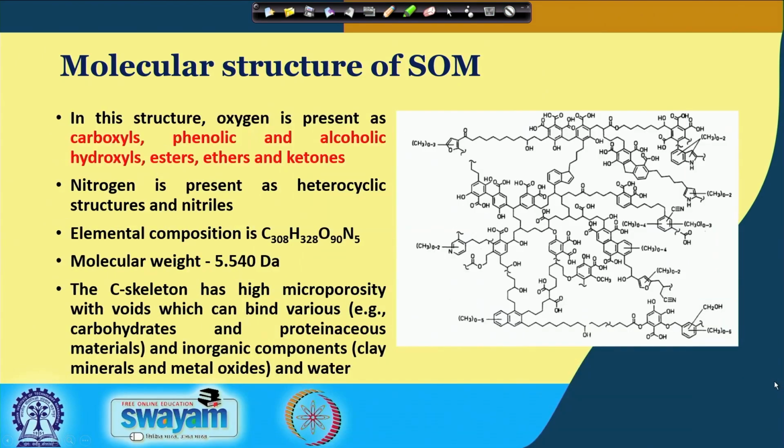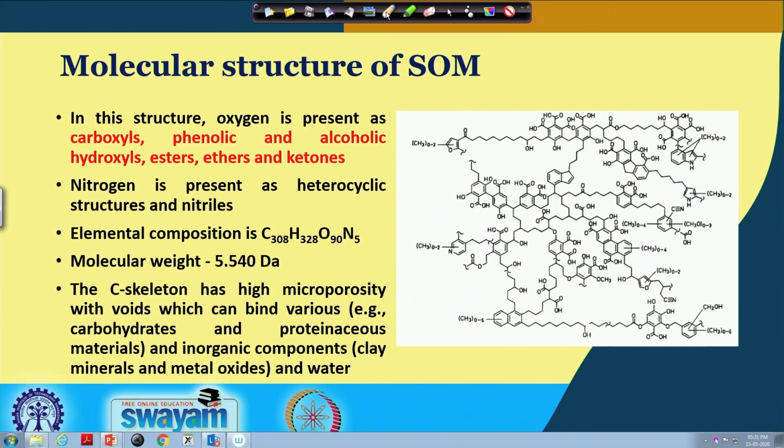In this structure one thing is clear, that oxygen is present as carboxyl, and then phenolic groups are also present, and then alcoholic hydroxyls are there, then esters are there, ethers are there, and ketones.